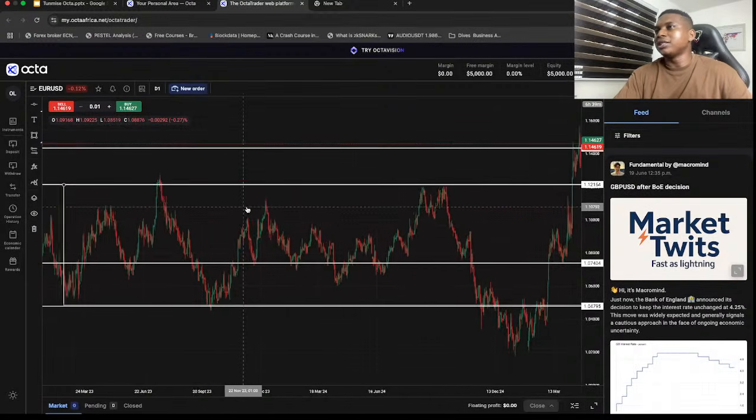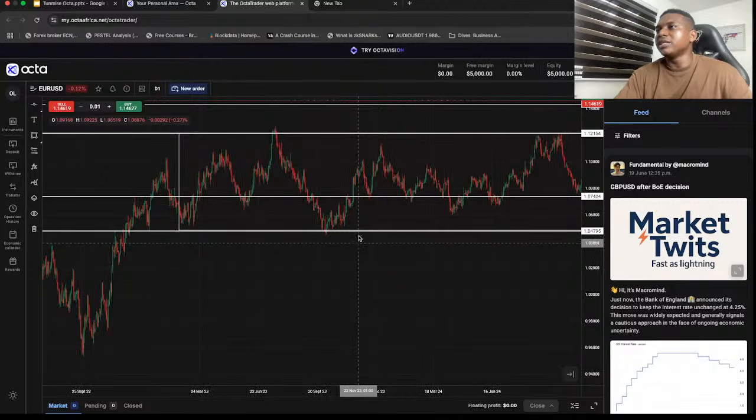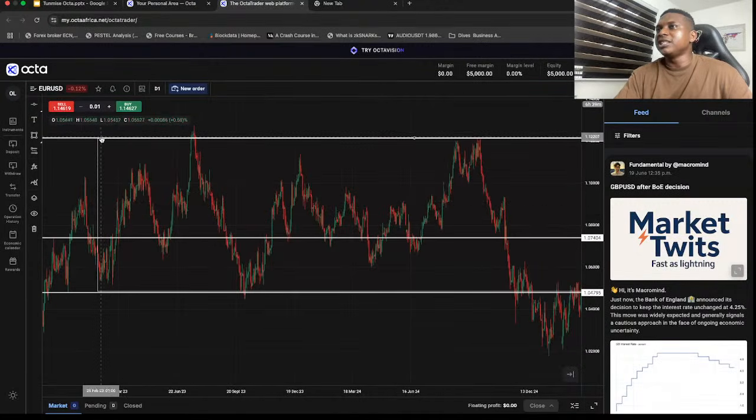If you look at it from the historical price level, you see that this level above here has acted as a very strong resistance level for price.